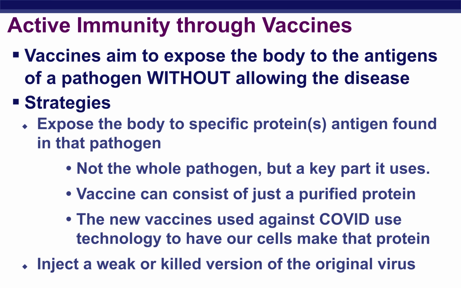So there are different strategies for vaccines. You don't even have to give them the whole virus or bacteria. You just give them parts of it, like a protein that's always found on a virus, but not the actual virus itself. Sometimes the vaccine will consist of just the protein itself, where you make the protein, purify it, and put it into the person's body, or you can give the person a small bit of RNA or DNA and have their cells produce the protein piece that you want them to protect against.